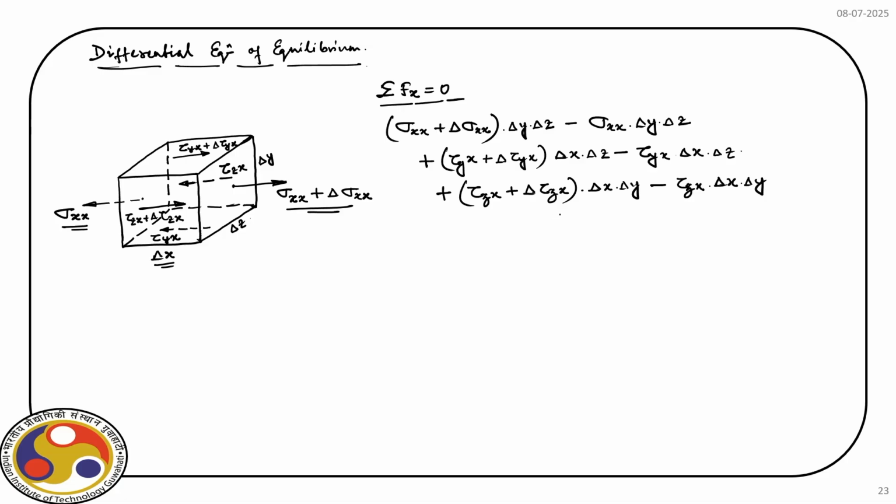Then we also have the body force. So, the volume is delta x delta y delta z.